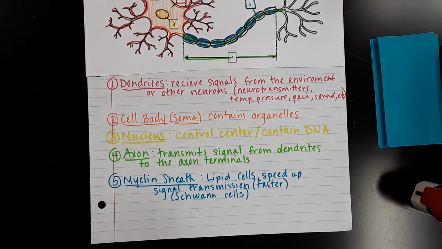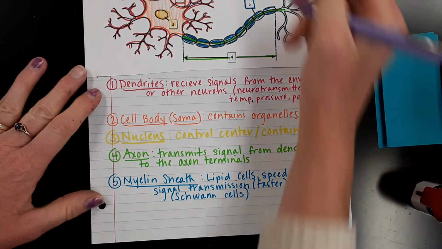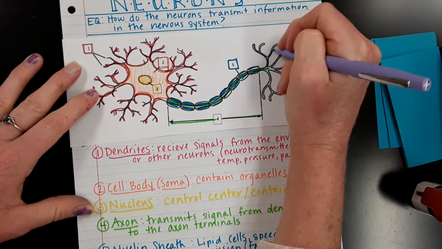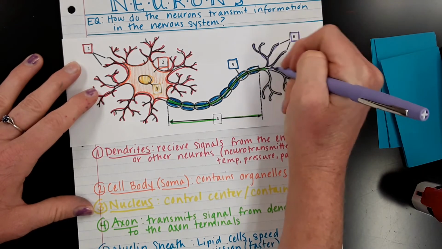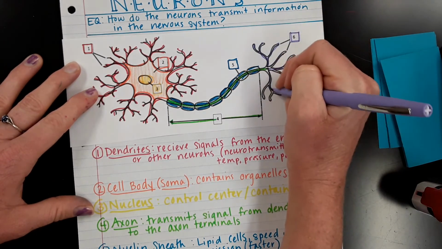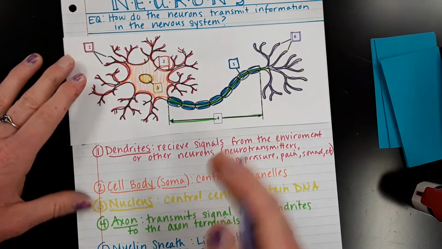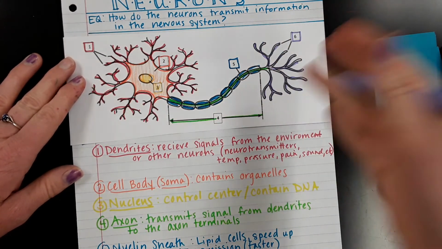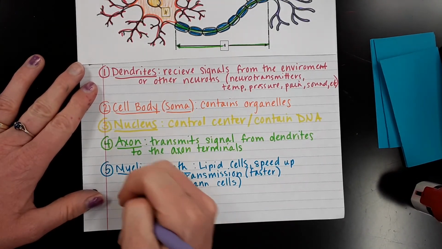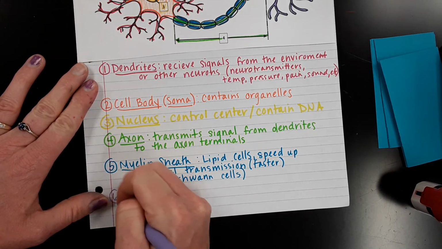All right, the last thing going on here is the axon terminals. So this is going to be the end of our neuron, structure number 6. These are the axon terminals. And the axon terminals is where the signal is going to leave this neuron and then potentially be transmitted to the next neuron. So this last thing here, this is an axon terminal.